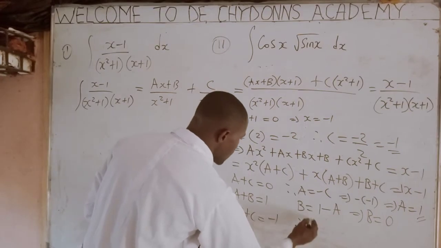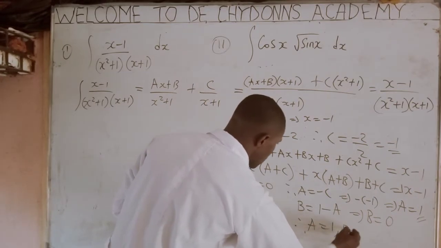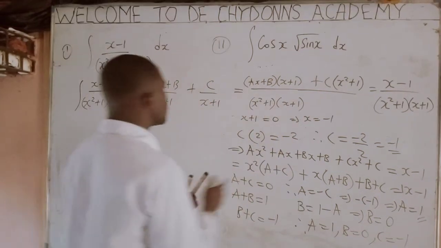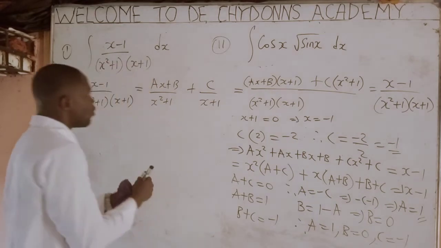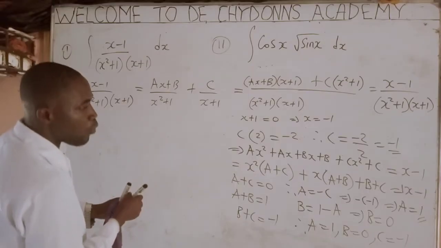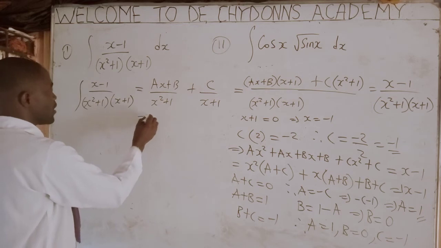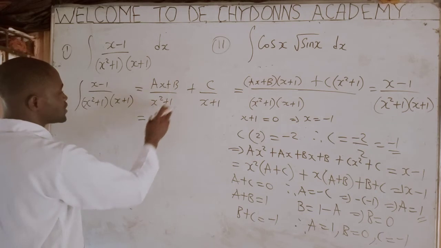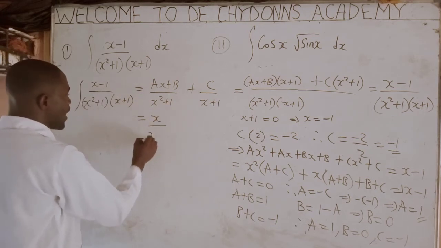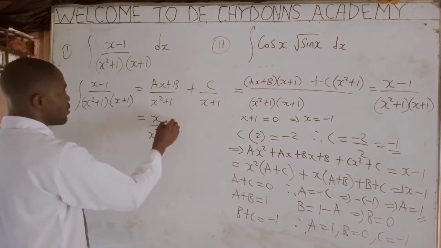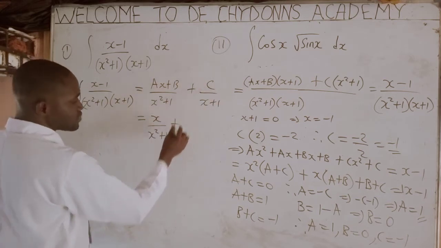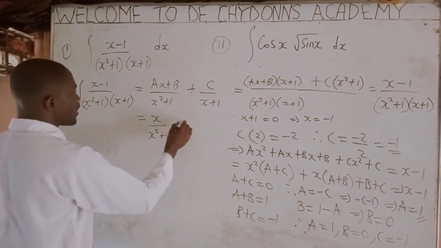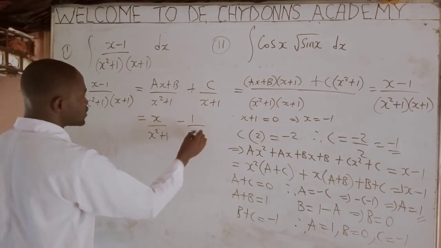So therefore, a equals 1, b equals 0, and c equals minus 1. That is what we will use to plug in here. My a is 1, I put it here, it will give me x plus 0 all over x squared plus 1, plus, what is my c? Minus 1. I will now have minus 1 all over x plus 1.